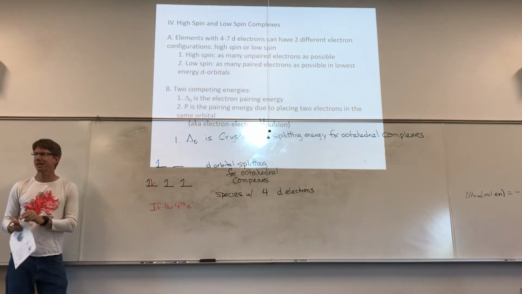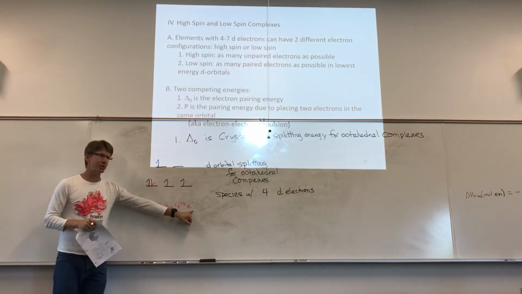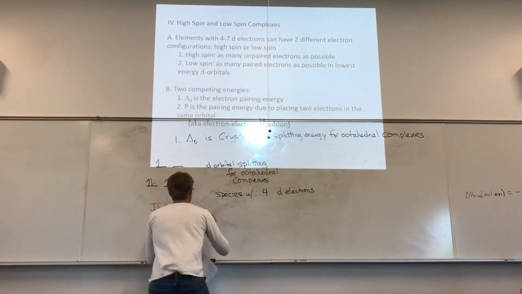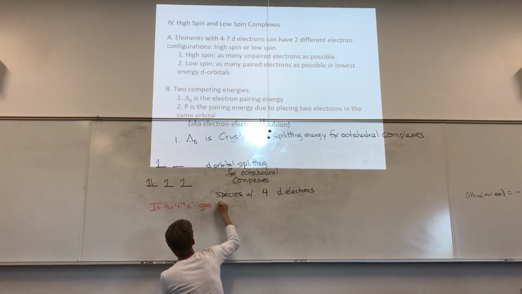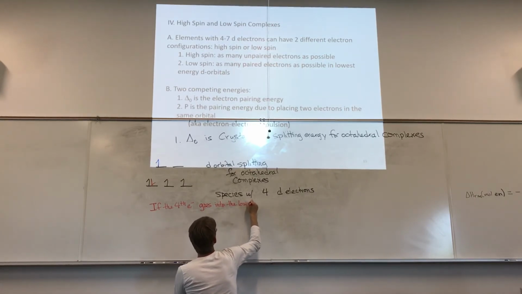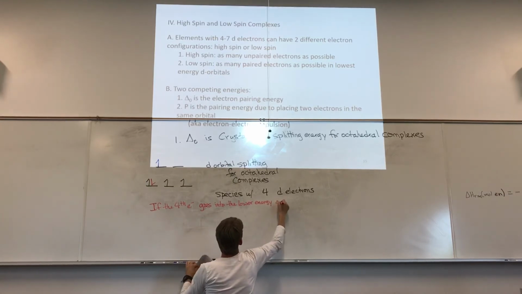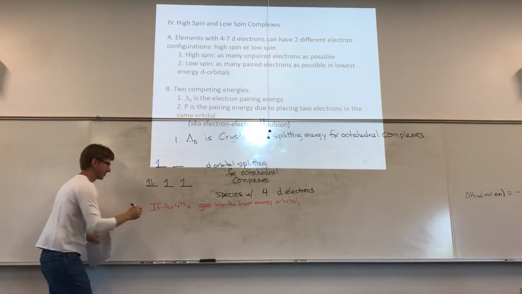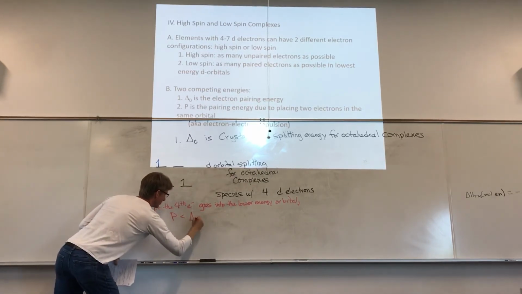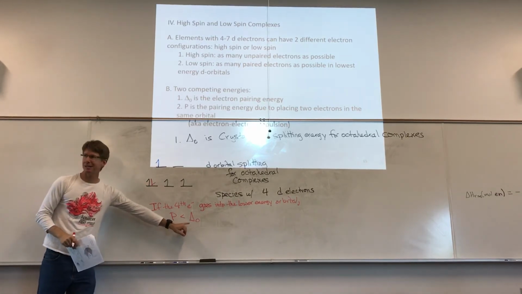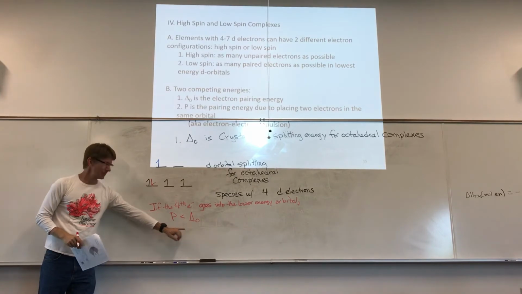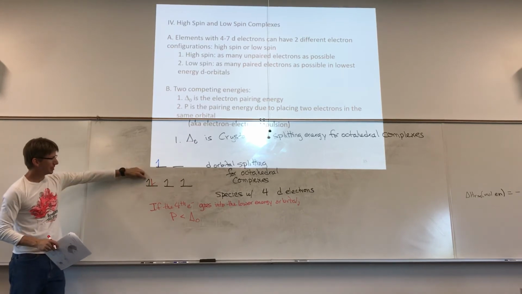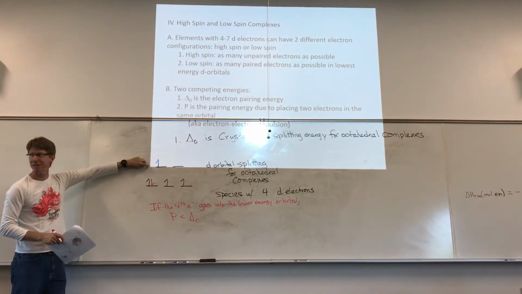and the way I'll write that, if the 4th electron goes into the lower energy orbital, P is less than delta O. Meaning that the pairing energy to put them in here is less than the energy to get it up to the top.